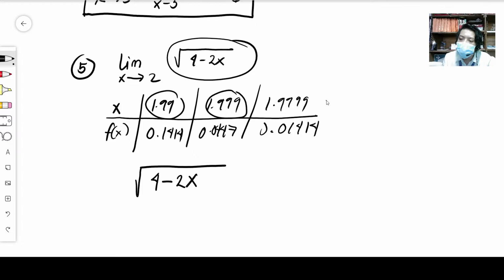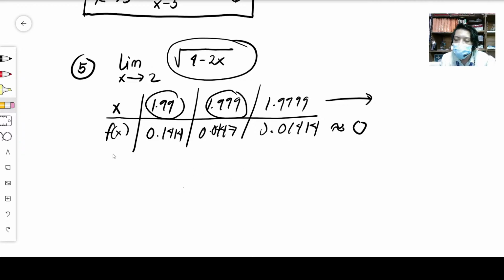So you see, if you continue, this value will eventually be equal to 0.